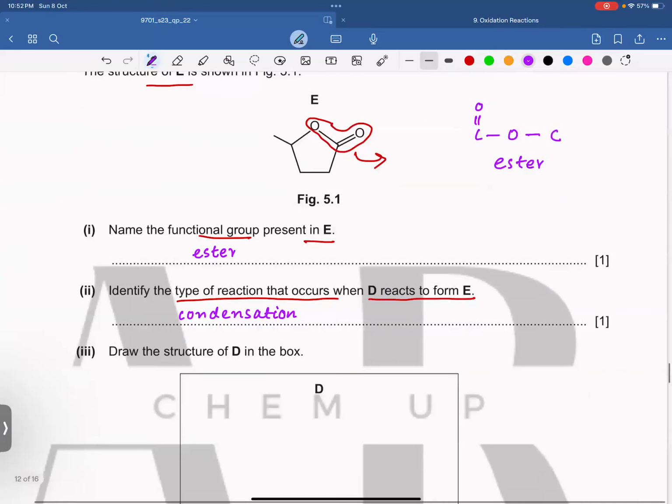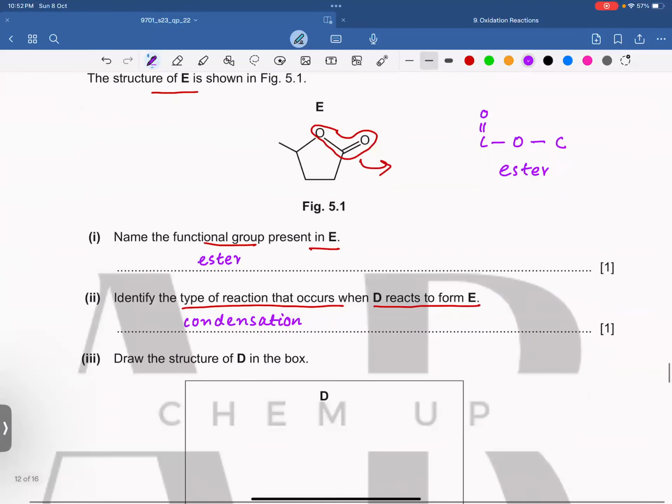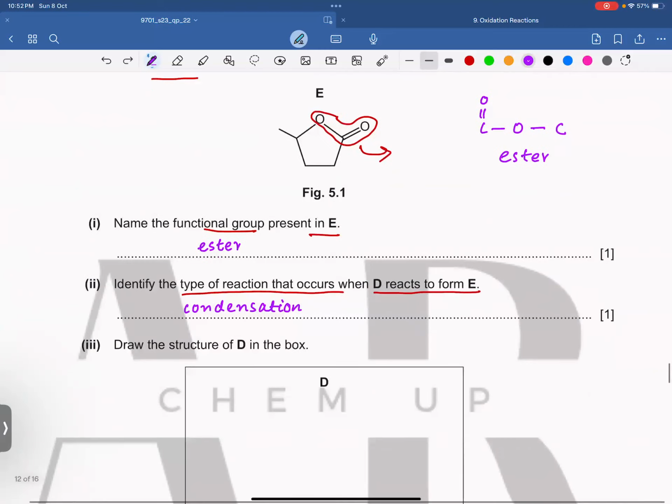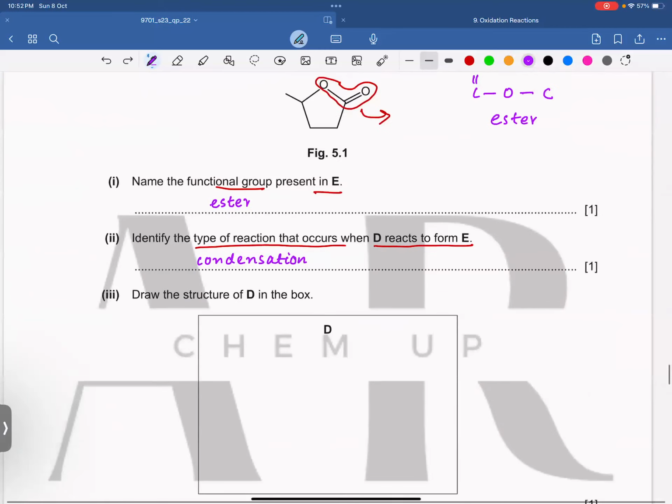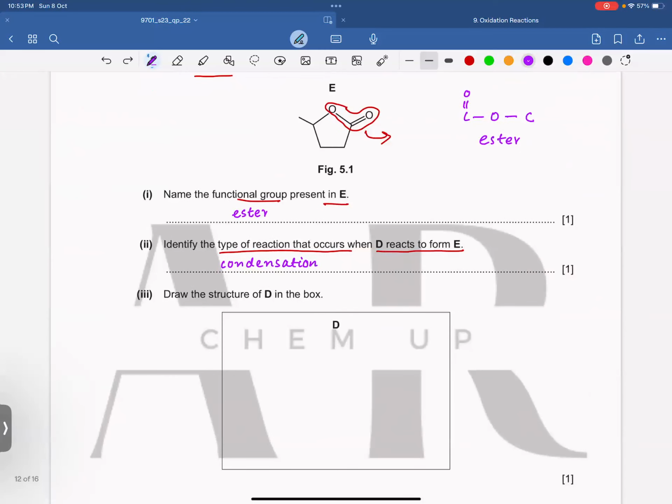Draw the structure of D. So, to draw the structure of D, you have to break it from here. When you break it from here, you will get this. There is an O. Here we have one carbon, and here we have another carbon.